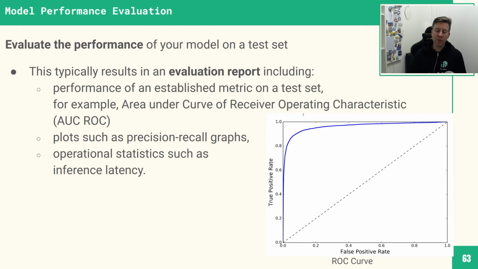Now, evaluating the performance of a model, I said that, of course, you can use accuracy for classification and so on. It's a huge area by itself. So the basic commonality you will have when you're evaluating the performance of your model is you'll have some sort of evaluation report. Now, if it's a simple one such as accuracy on a classifier, that's fine.